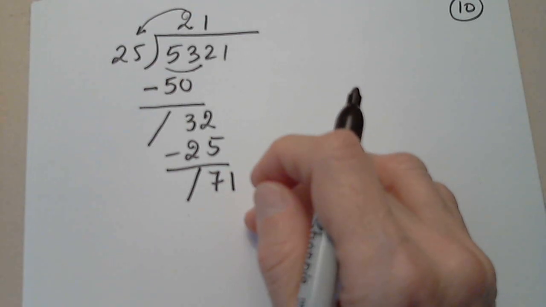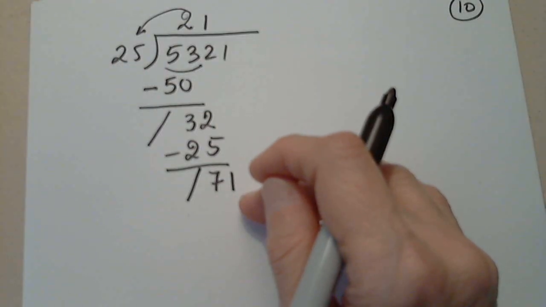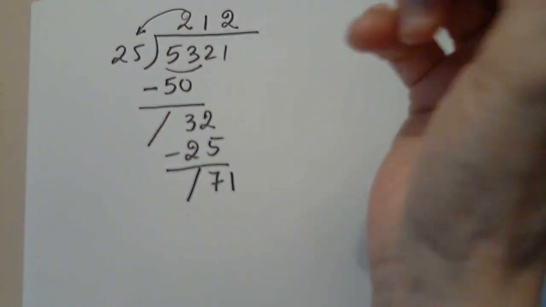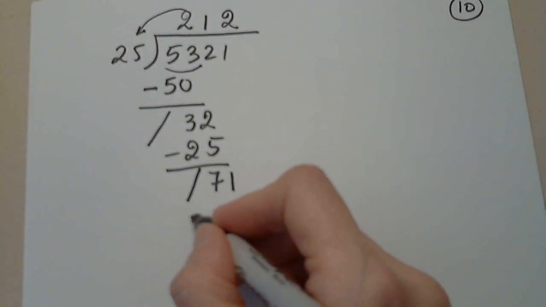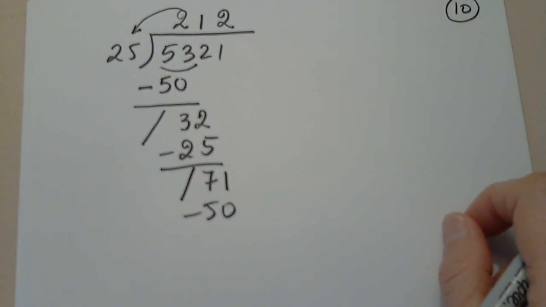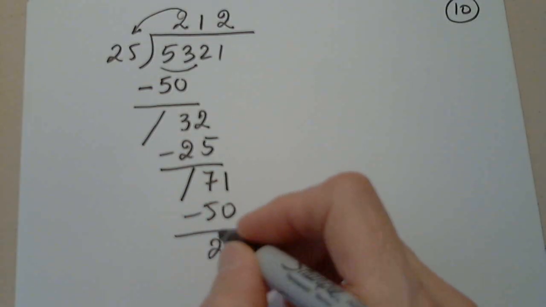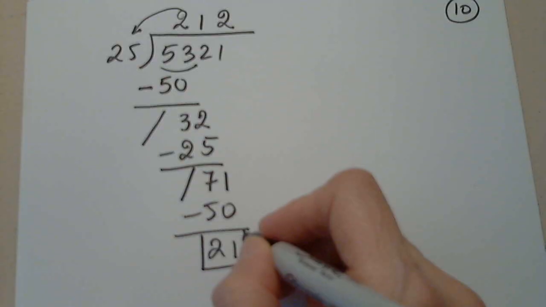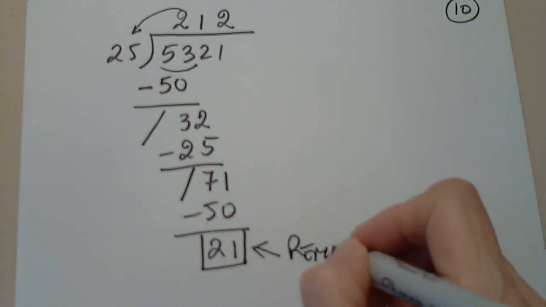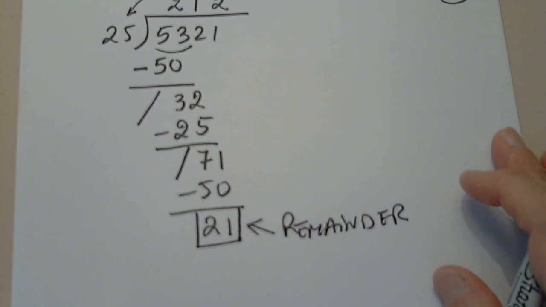25 into the 71 is not 3 because there will be 75, so I have to stop at 2. Again, 2 times 25 is not negative 50, but I have to change the sign because I need to subtract. So the answer is 21. I box in 21 because this is the remainder of the division. So what did I just do?